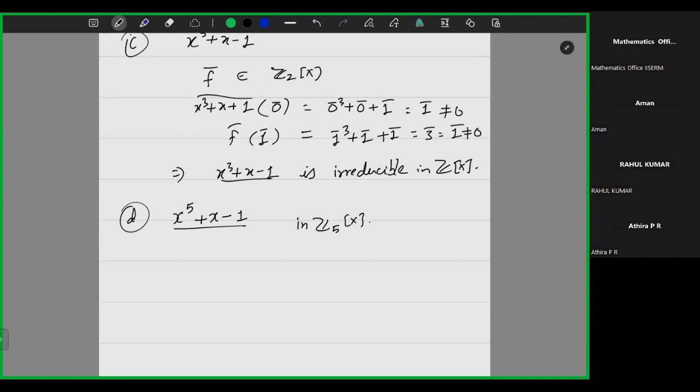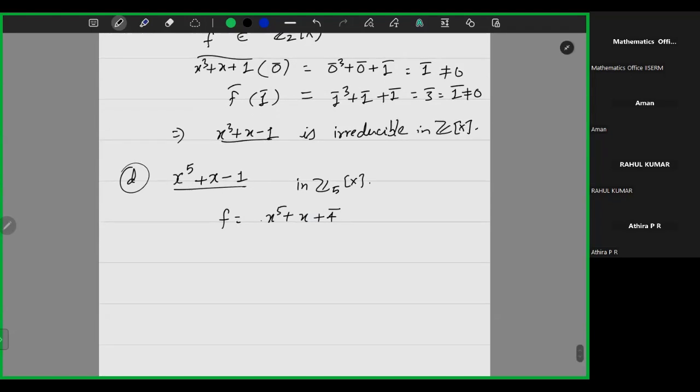So it is the same as x^5 + x + 4 bar. If you have a root, then it is reducible. It is very much clear, because if one has a root lambda, f(lambda) equals 0, then x minus lambda is a factor of f(x). So f is reducible. So we can check at least if it has roots in Z5 or not.